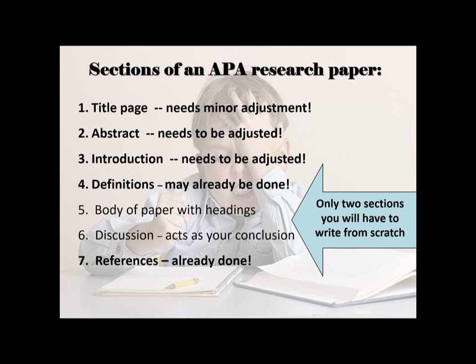As far as the tweaking, the minor adjustment you would have to make on the title page would probably be the date. Most of you are keeping pretty general titles. If anything, maybe your title might have to be adjusted, but your due date would probably be the only thing to change.